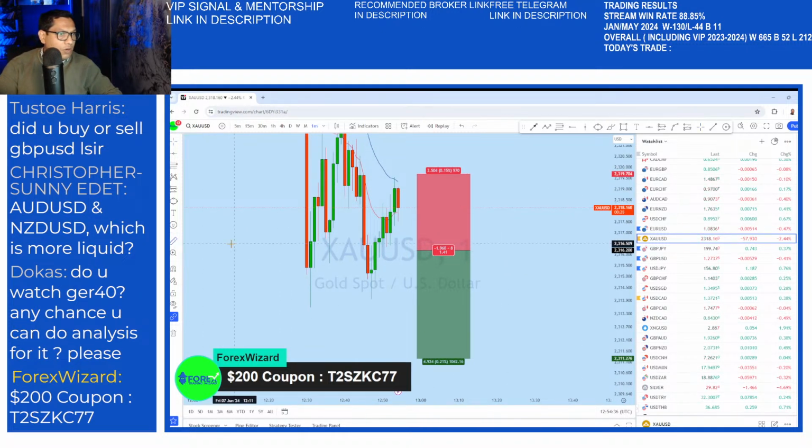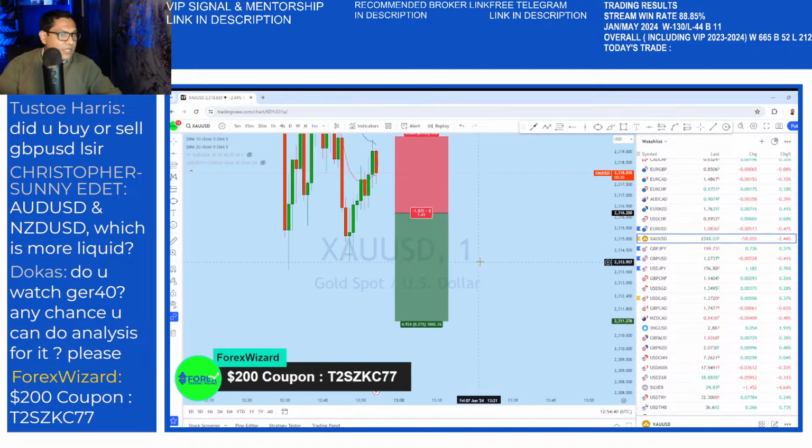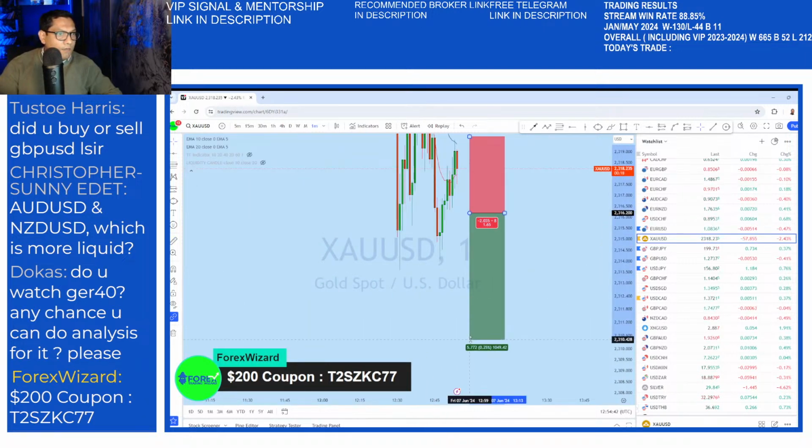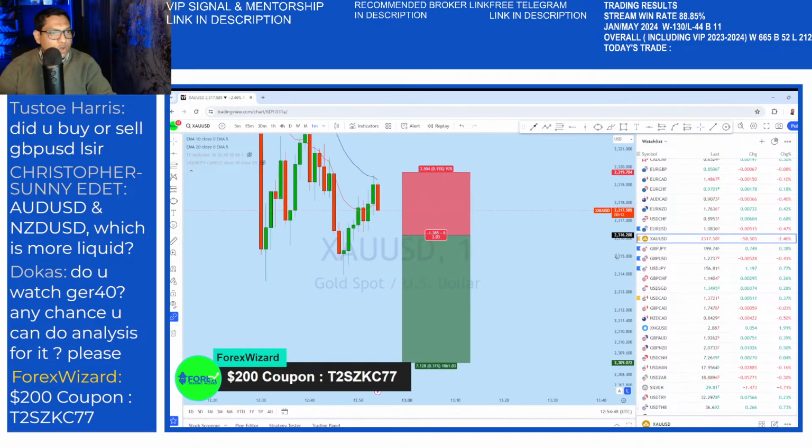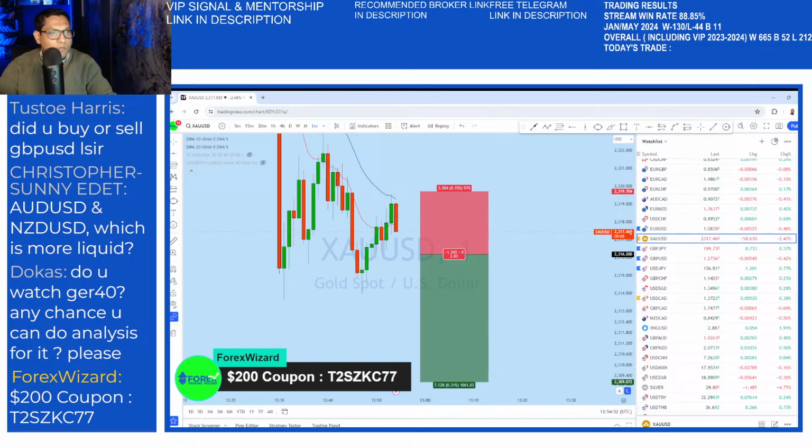So make sure that you are not directly selling. 35 pip stop loss, sell stop on gold. Expecting it to come down to 2:1 reward to risk. So sell stop at 2316.20. Stop loss above 2319. I will be also explaining the strategy later.